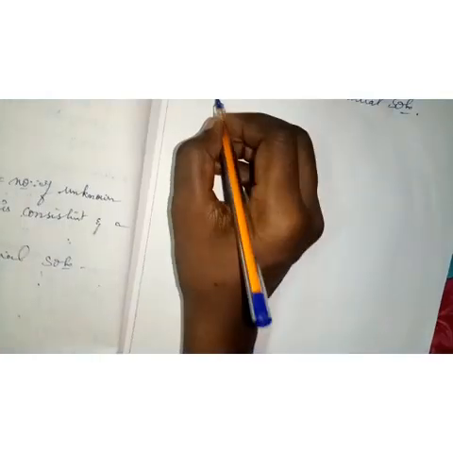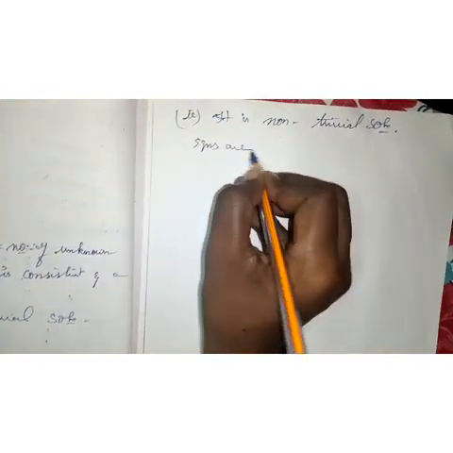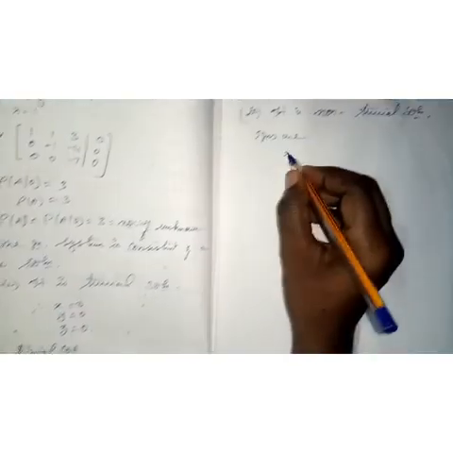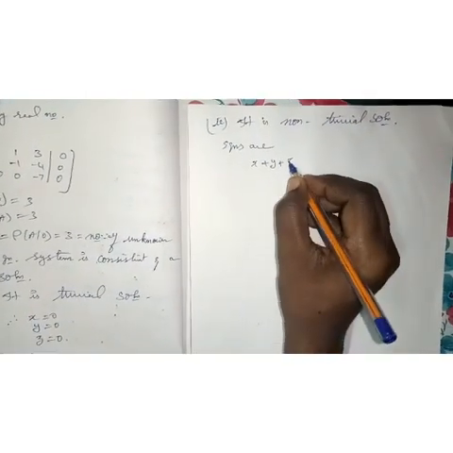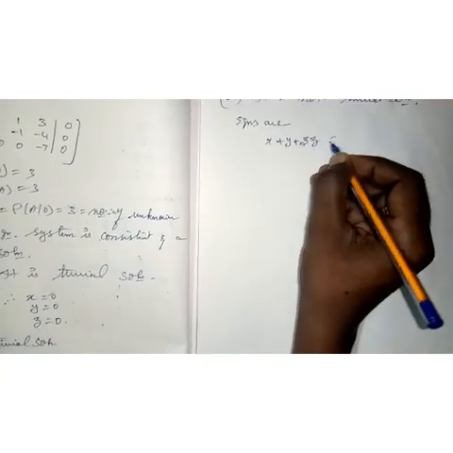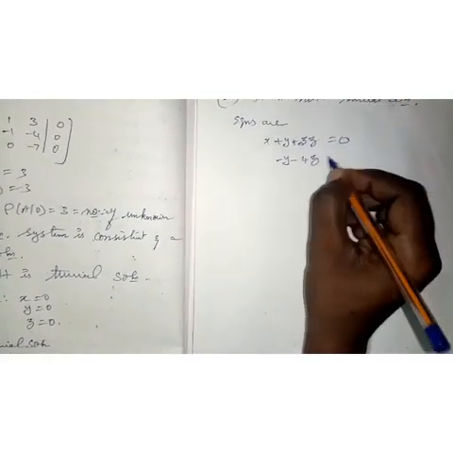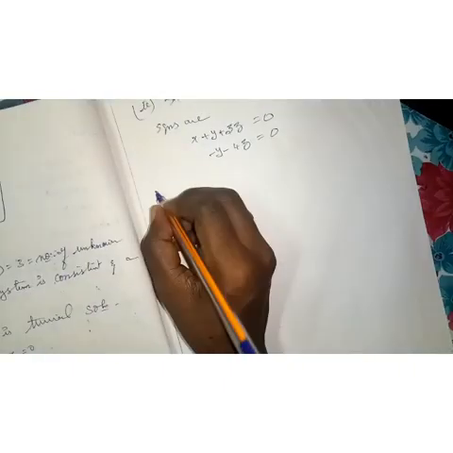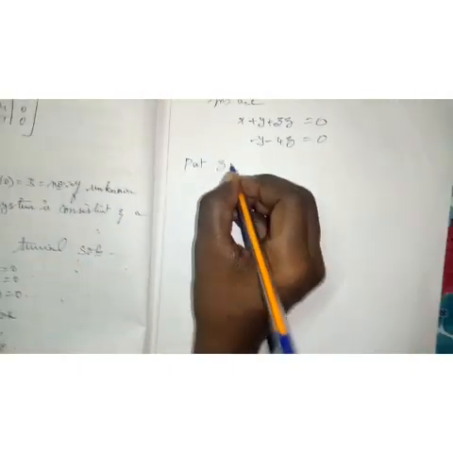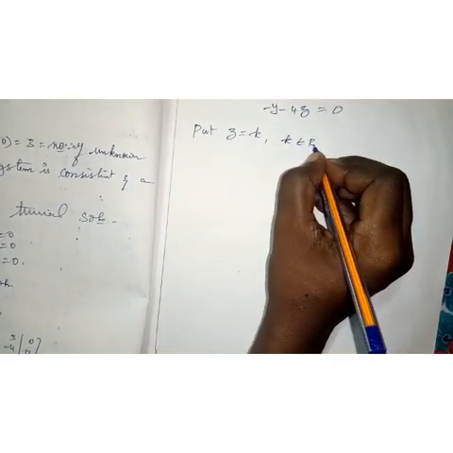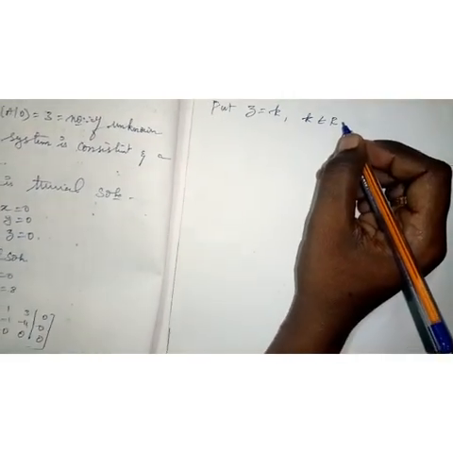Then you write the equations from here: x plus y plus 3z equal to 0, 0 minus y minus 4z equal to 0. Now put z equal to k, where k belongs to R, except 0.